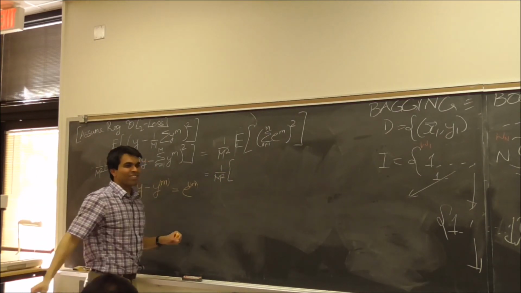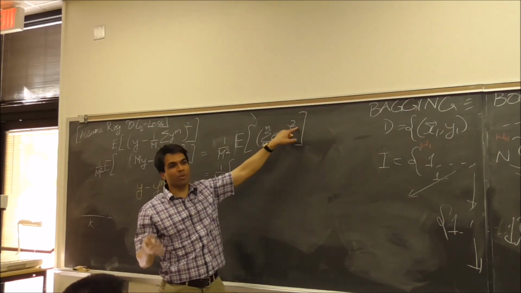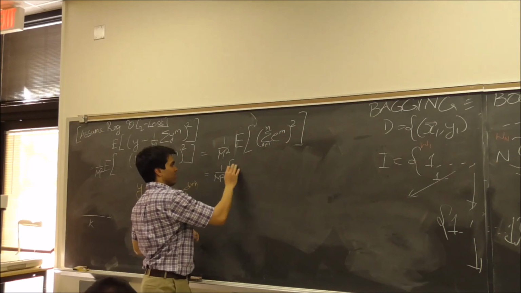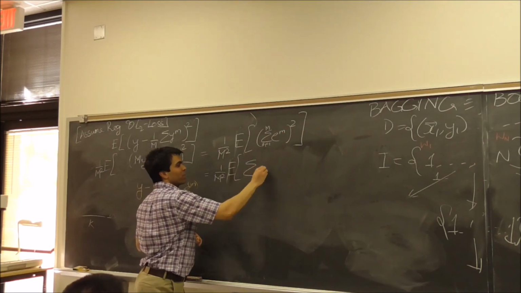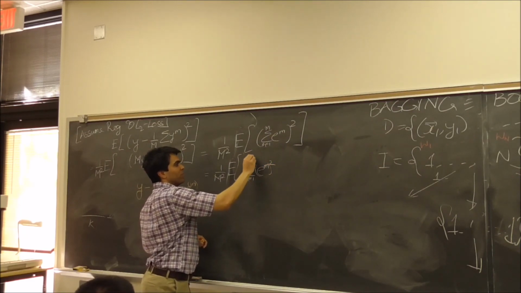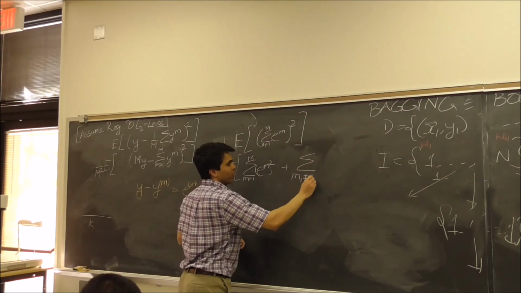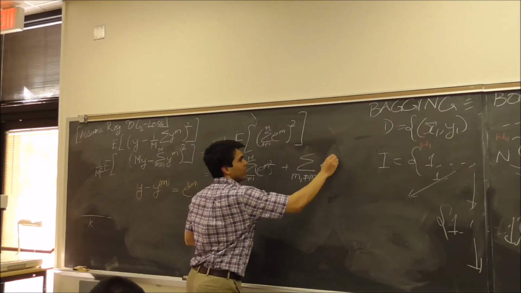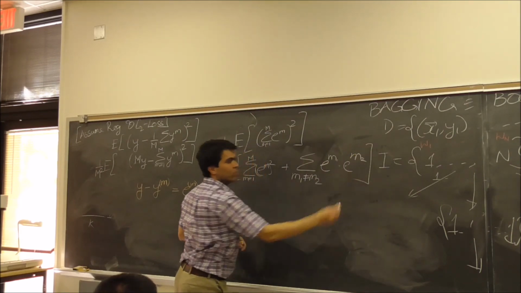Everybody's waiting for where the kicker is coming in. So it's a summation of terms squared, and I'm going to write the expected value there. I keep forgetting that. So there's the summation of em squared, m equals 1 through m, plus all the cross terms, m1 not equal to m2, em1 times em2.